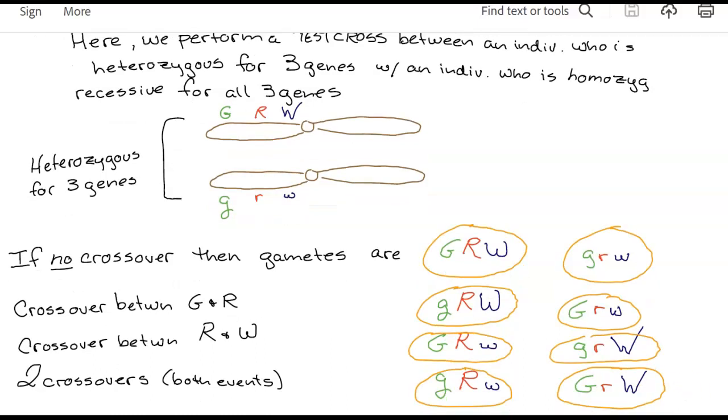If we had both happen, then we have another possibility in that we could have this little g, capital R, W, and the big G, capital R, or lowercase r, and then capital W. All right, that's kind of dizzying, isn't it?